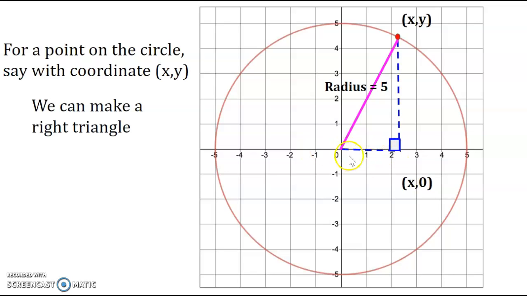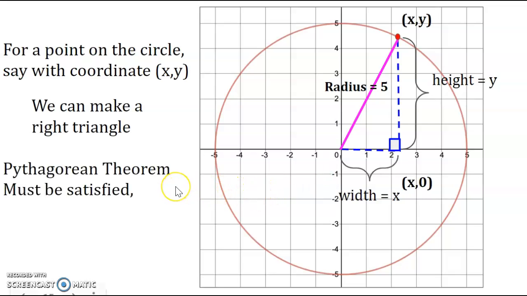This length is x, the width, and in this case the height is going to be y. Whatever the y value is, whether it's 3, 5, or whatever, it's going to be a variable y. And we do know the radius is 5. So we have a right triangle. What is the relationship between the width and height and the hypotenuse?